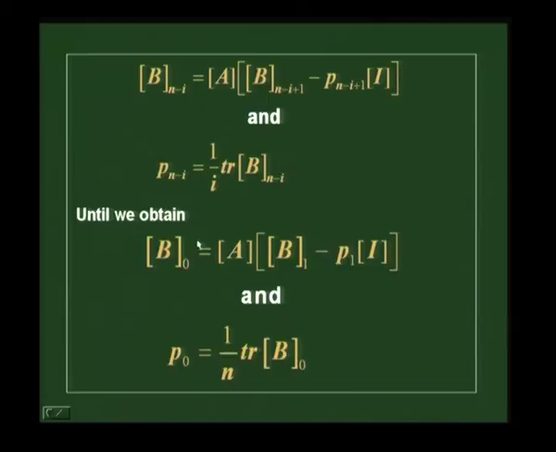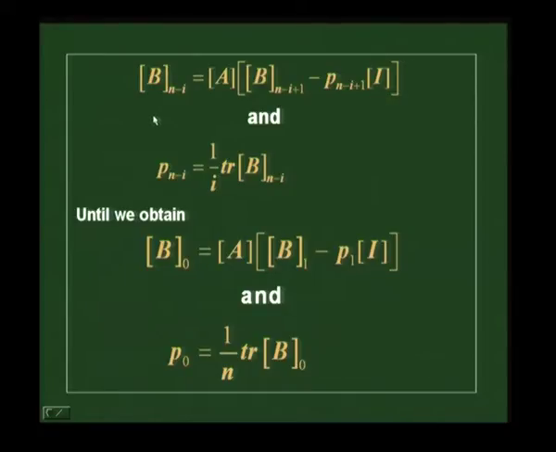Then we continue, starting with b n minus 1 as A, and we construct all b n minus i's using this recursion relation, that is A into b n minus i plus 1 minus p n minus i plus 1 into lambda into I.